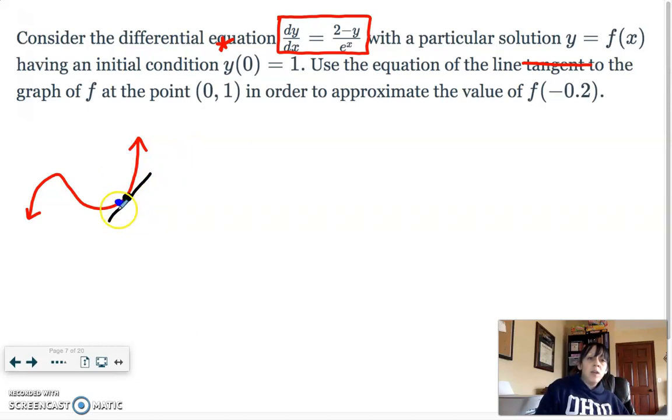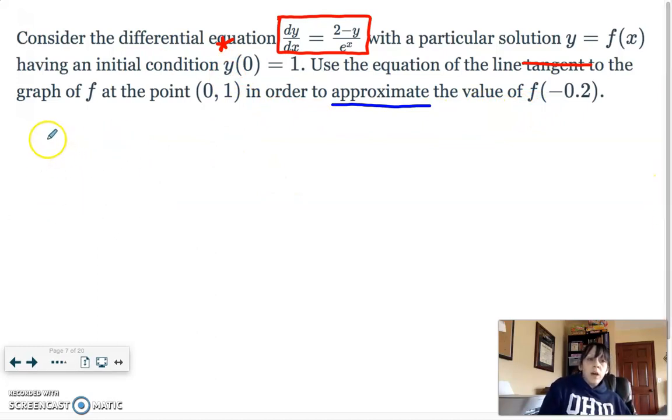Now, is the tangent line going to be exactly going through this point? No, but it's going to be an approximation, right? It's an approximation of something that's nearby. And negative 0.2 is very close to 0 as far as x values go. So we can use it to approximate something that is very close to another value.